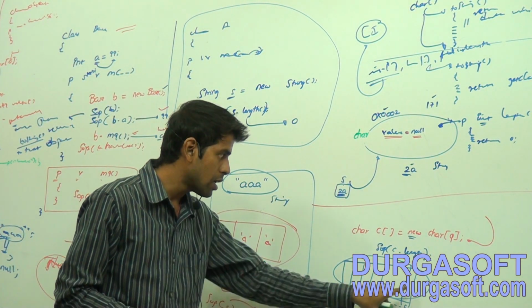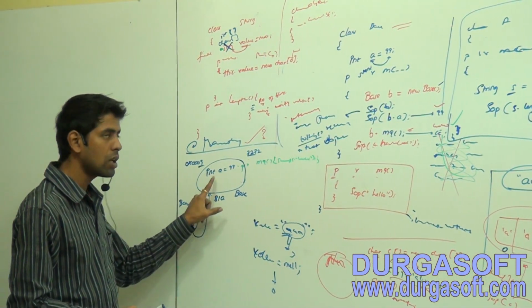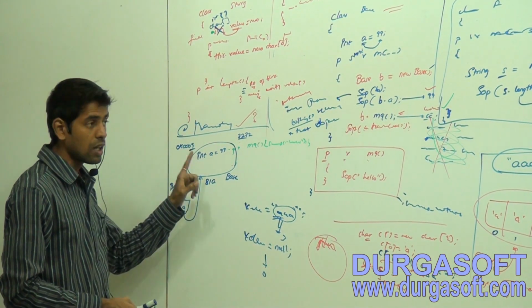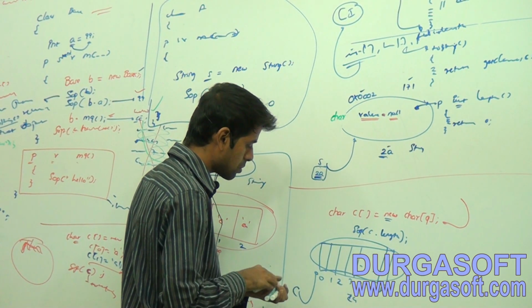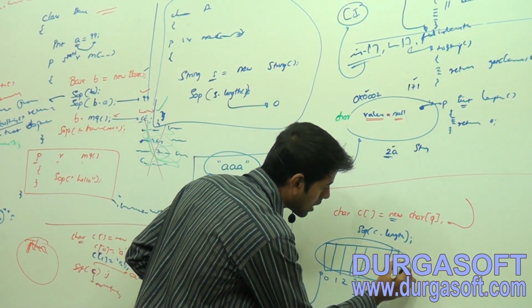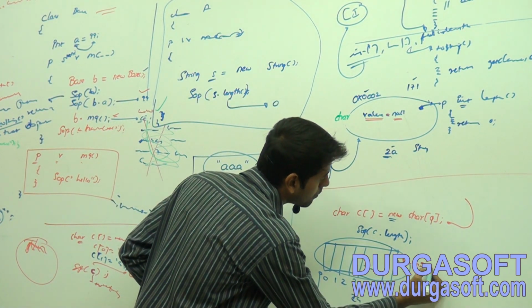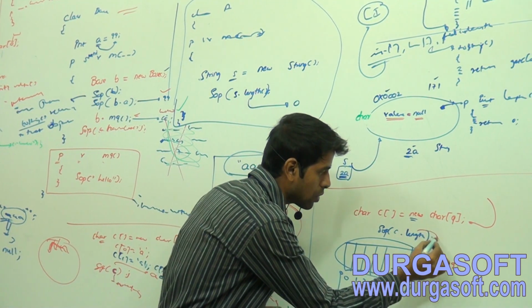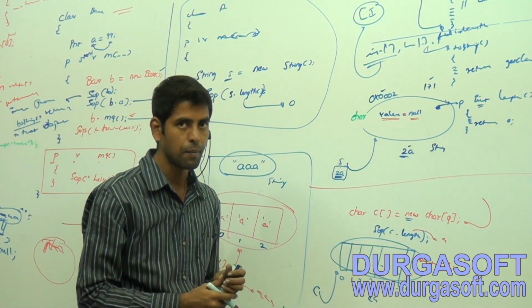Now c.length: within this object, other than these blocks, you will have this length variable value also as 9. Currently you will get the output 9. What happened here?